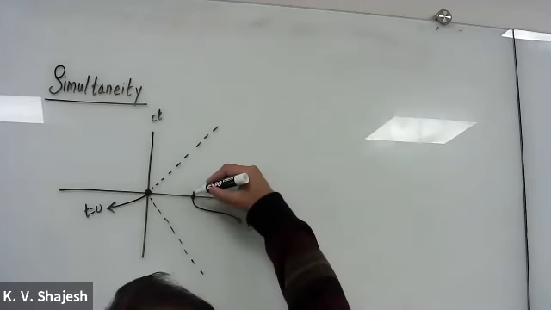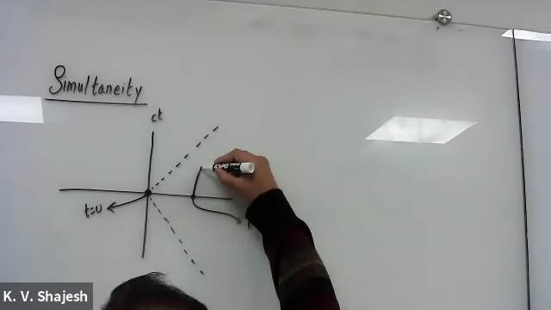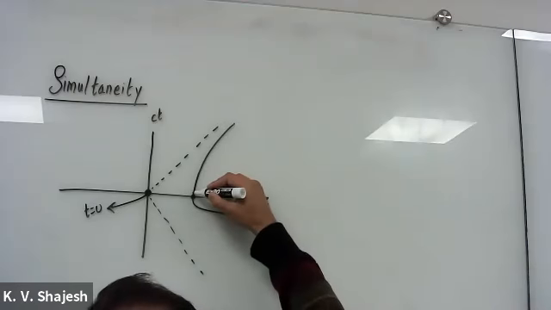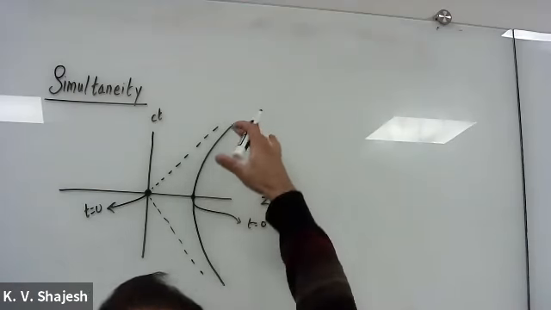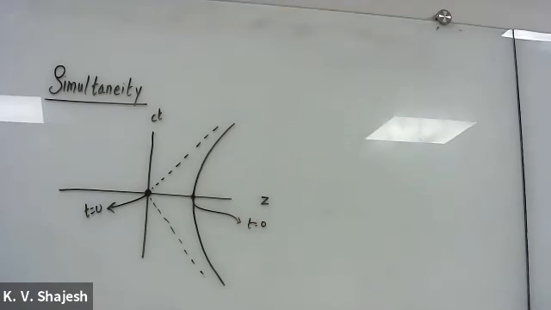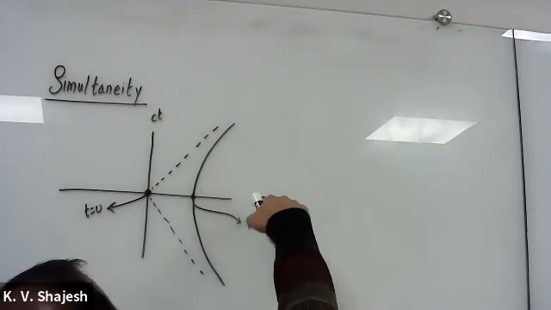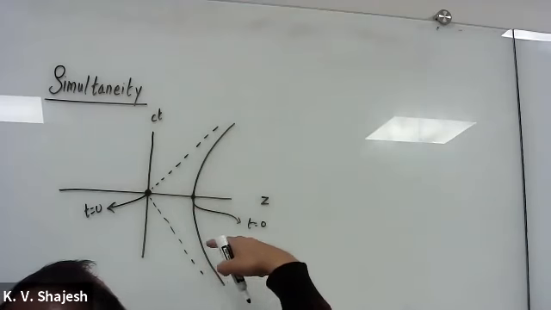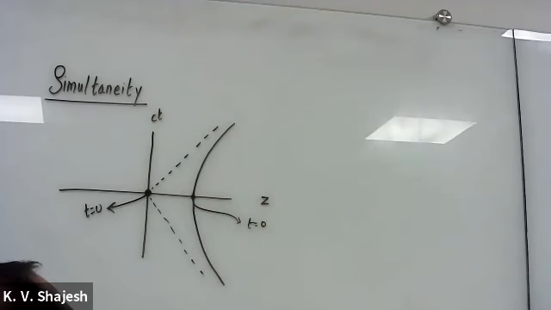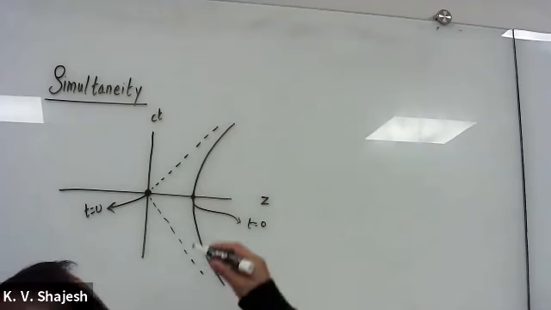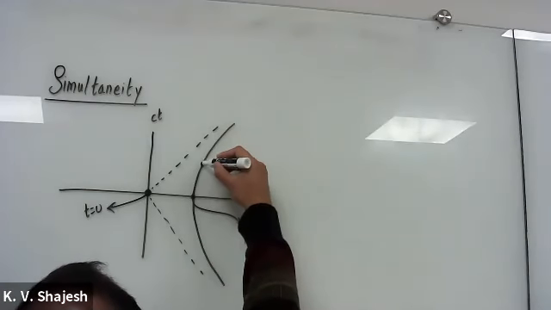But now let's do the following. Remember, every point on this curve, the hyperbola, is actually a transformed version of this coordinate. So let's say your neighbor is at this point according to this frame, but for someone who is moving with respect to this frame, your neighbor is somewhere here.